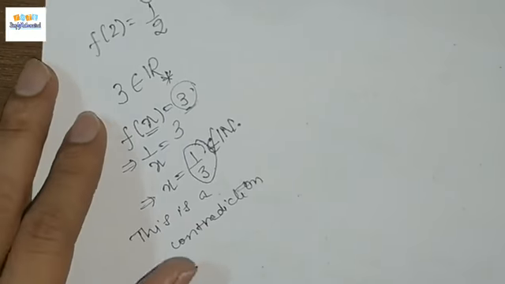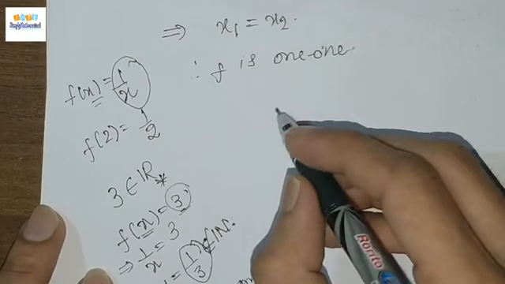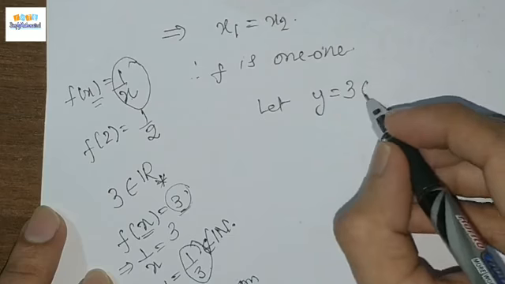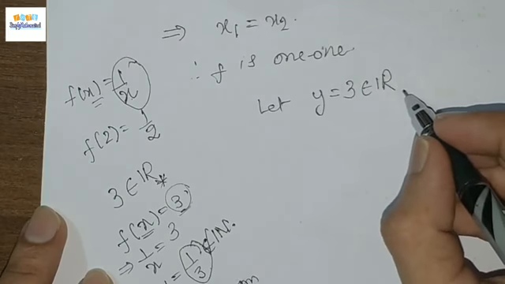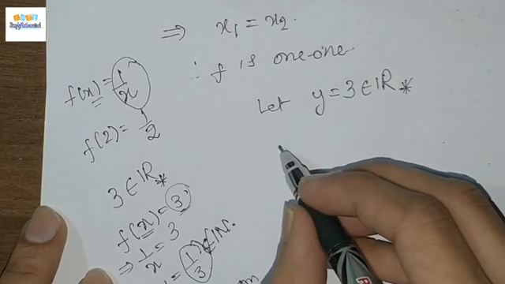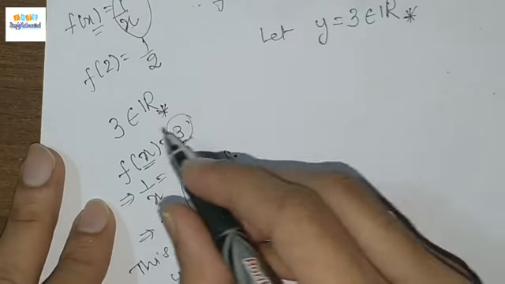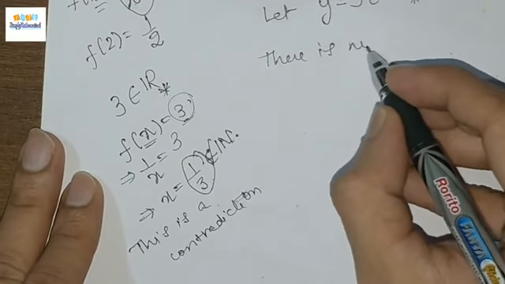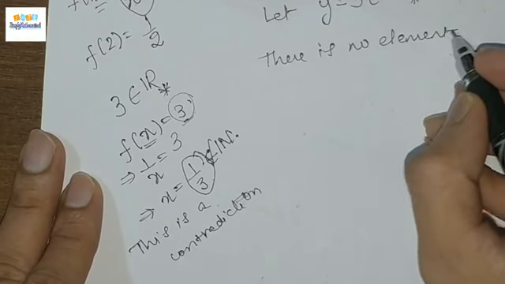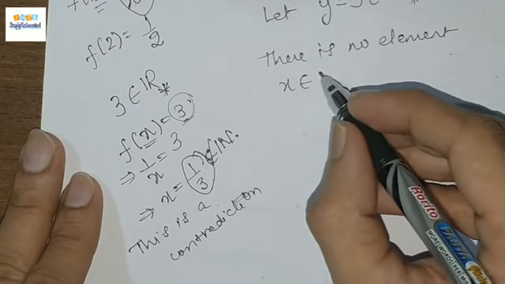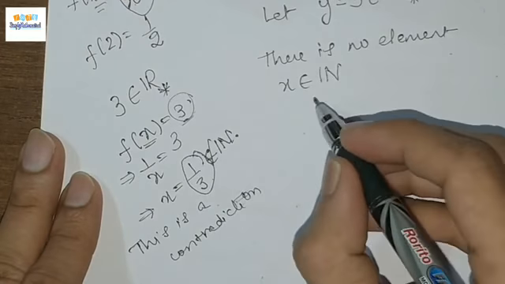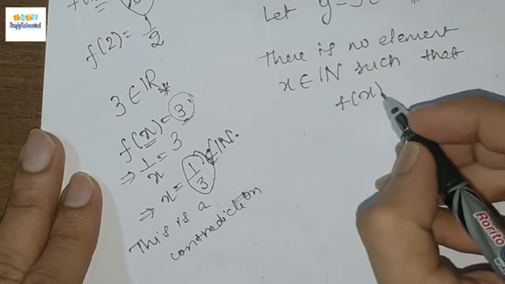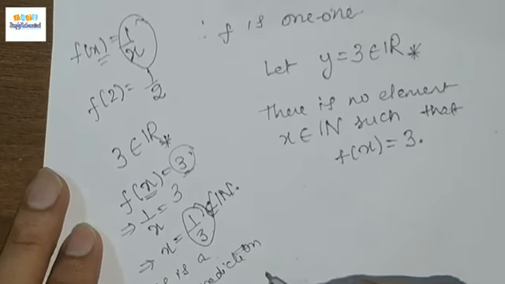Now we have to write this. So let y equal to 3 belong to the codomain R star. Now we have proved here that there is no element x belonging to natural numbers such that f(x) is equal to 3, right?